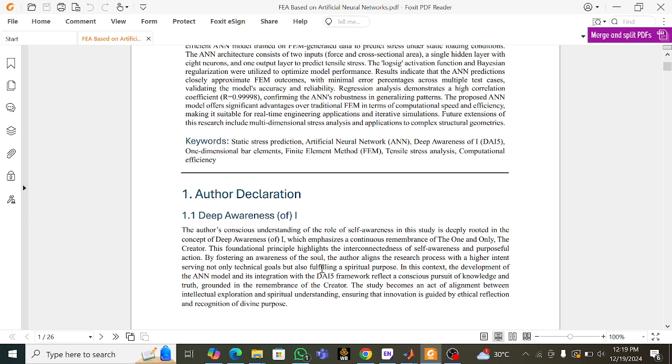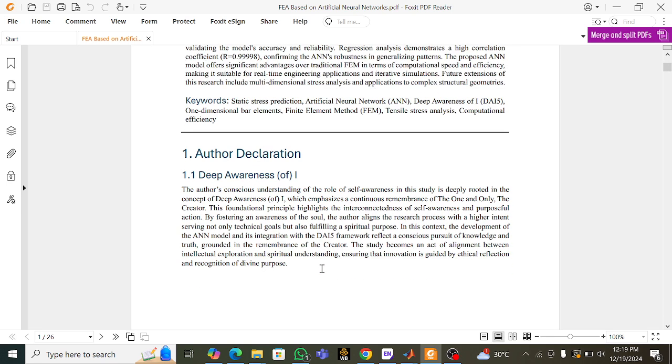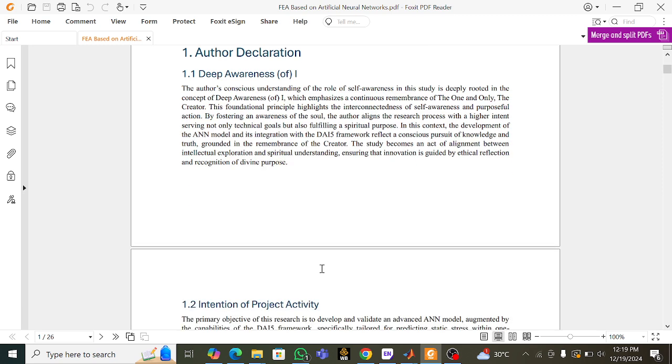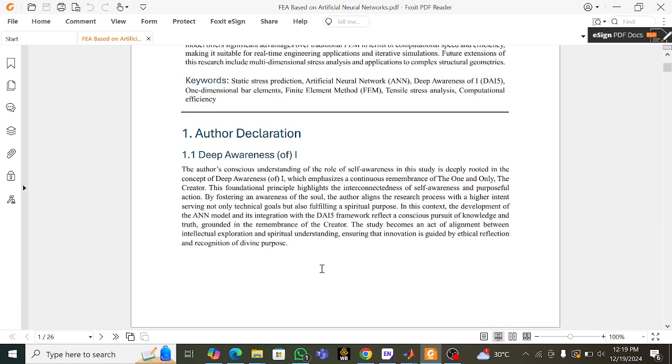Other declarations: there are two components. One is the deep awareness of I and the other is the intention of the project. Deep awareness of I means asking who is our creator, who created us. We should be connected with Him closely.